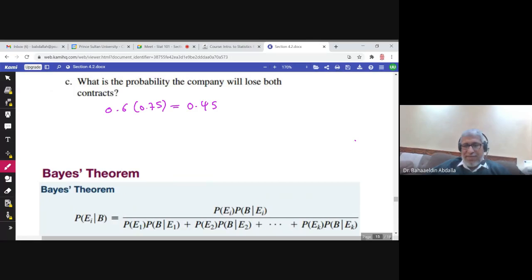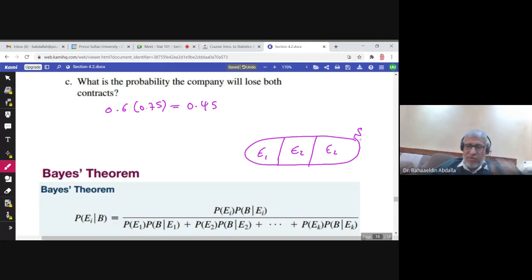So usually S, the sample space, is divided into 3 or 2 or 4, some number of events, in a way such that they are mutually exclusive. There is no intersection between them, and their union would give you S. And usually if you have a tree diagram, you do it like this. We have E1, E2, and E3.